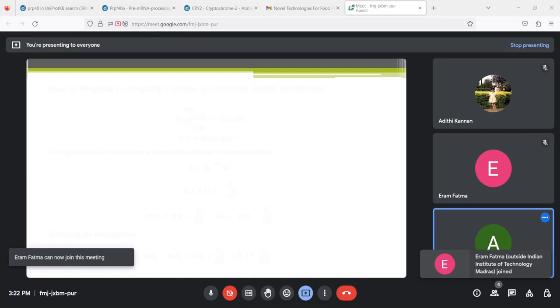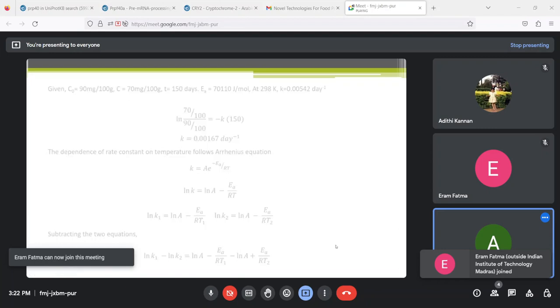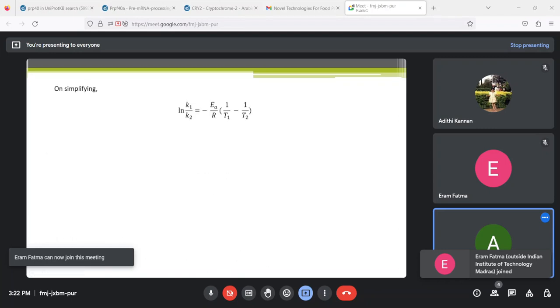Simplifying this further, this becomes ln k1 by k2 is equal to minus Ea by R into 1 by T1 minus 1 by T2.